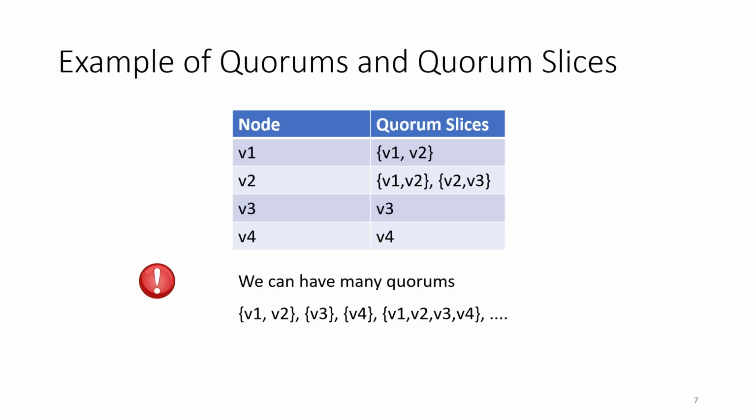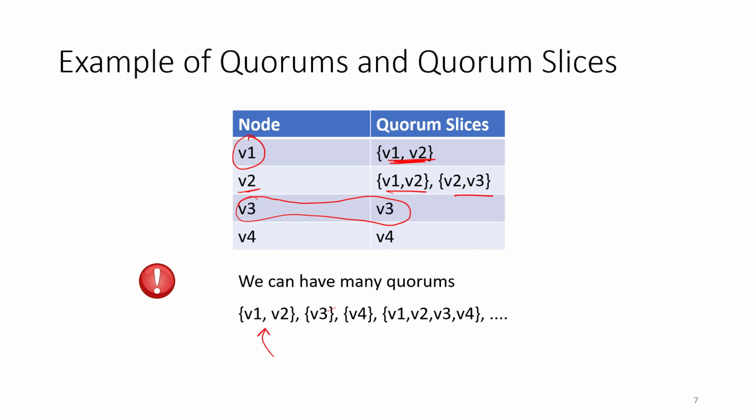So let us give an example of quorums and quorum slices. Let's say V1 has one quorum slice, V1, V2 has two quorum slices. As you can see, it's a part of both V3 and V4. So there are some trivial quorums. Let's say V3 is a quorum in itself because it's the only node and V3 is its quorum slice which is fully contained. Fair enough. V1, V2 is a quorum.